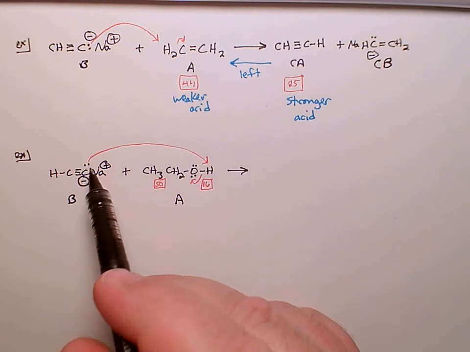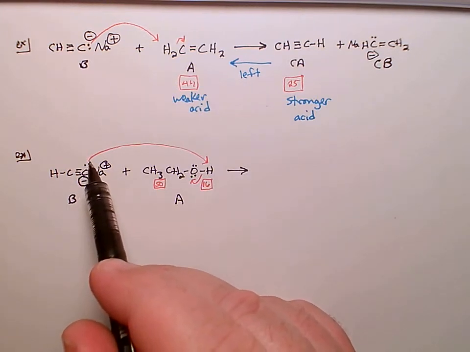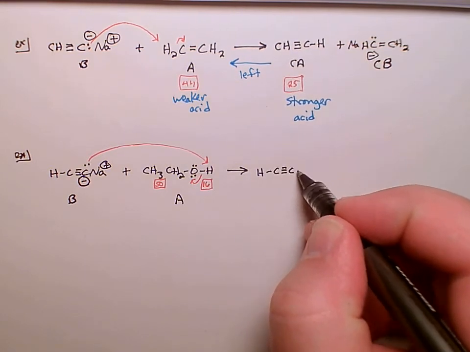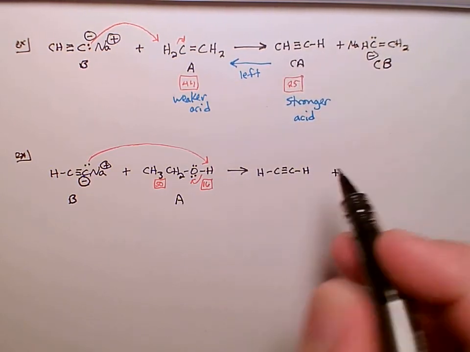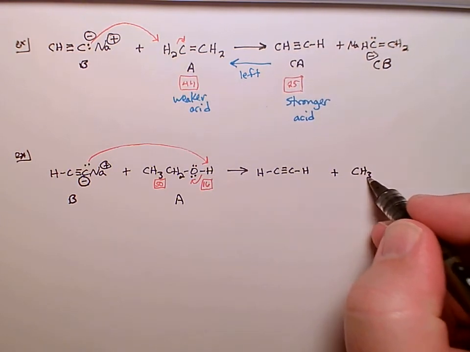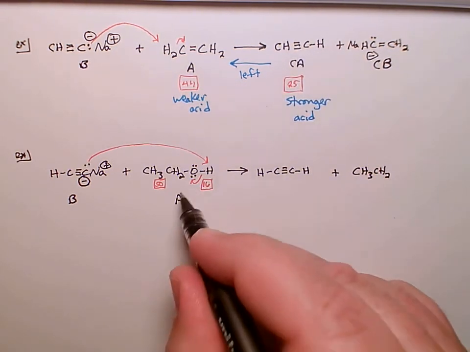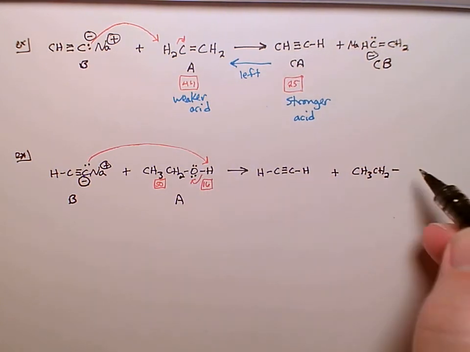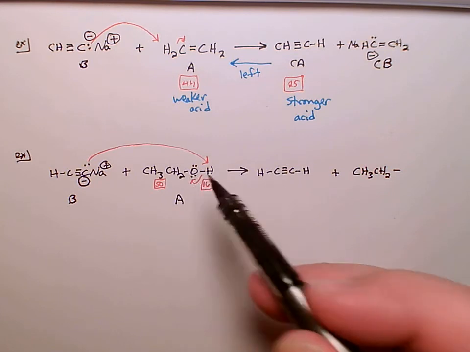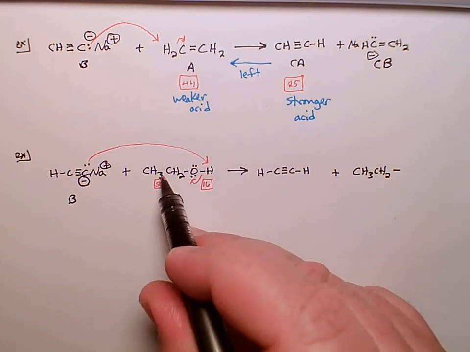So I now know my products of reaction. This forms a bond to that hydrogen, so I get HC triple bond CH plus, we got a lone pair on that oxygen, so I get CH3CH2, nothing happened to them. This bond is still there. Note, the arrows tell me about movement of electrons. The electrons aren't going anywhere here or here.